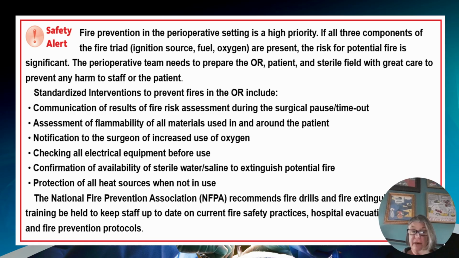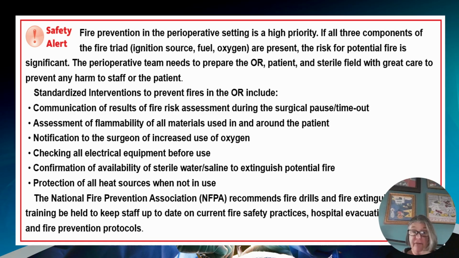Fire prevention in the peri-operative setting is a high priority. If all 3 components of the fire triad, ignition source, fuel, and oxygen, are present, the risk for potential fire is significant. The perioperative team needs to prepare the OR patient and sterile field with great care to prevent any harm to staff or the patient.